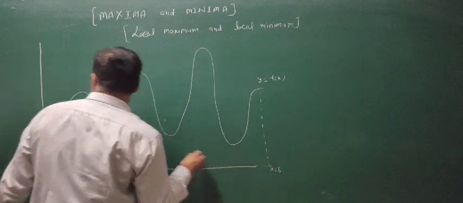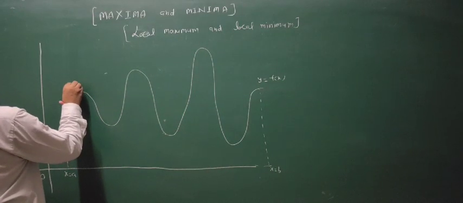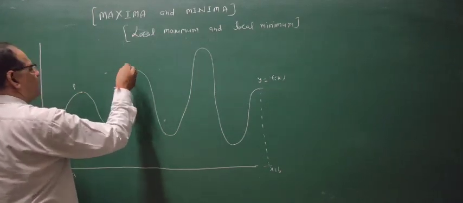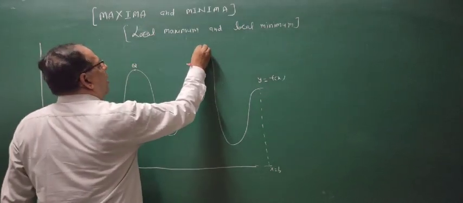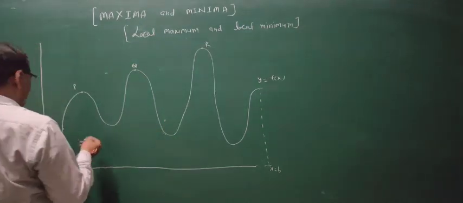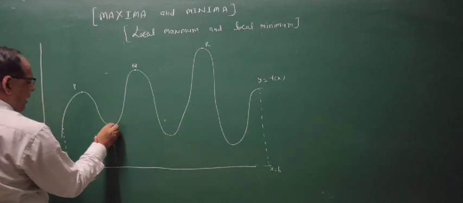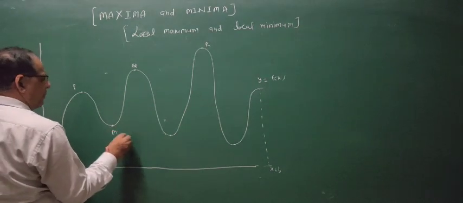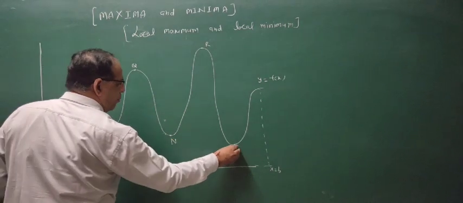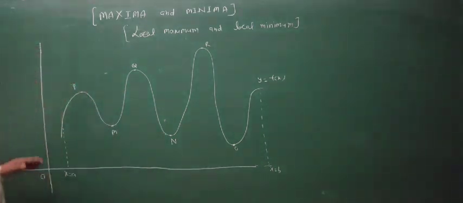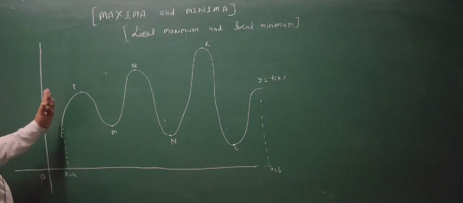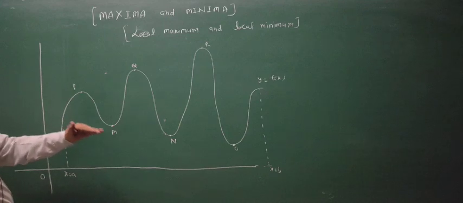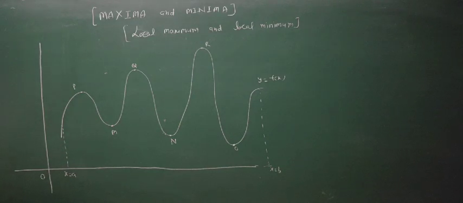First point out the points at which the graph shows the highest height: P, Q, R. Similarly, some points show the depth: these points are M, N, O. P, Q, R are the points where the graph shows the height, and M and O are the points where the graph shows the depth of the function.